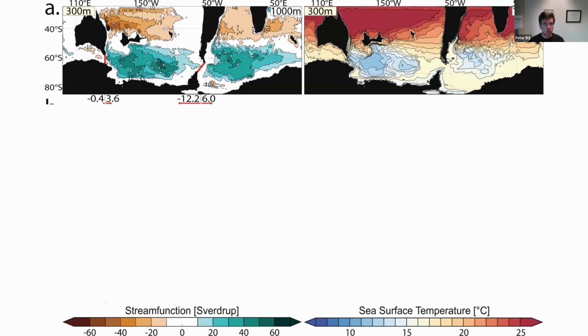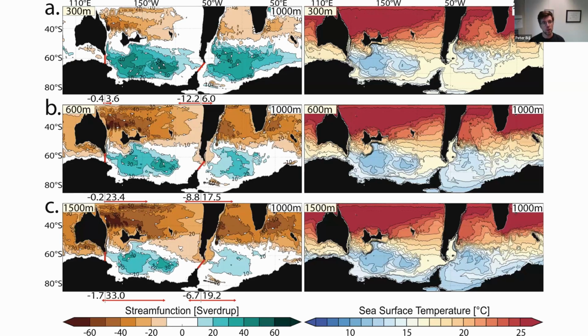So now what happens if we keep Drake Passage deep and we start to open Tasmanian Gateway? What we effectively see is the destruction of both of these subpolar gyres. So the Pacific gyre is reduced in strength, but particularly also the Indian Ocean gyre, even though nothing is happening with Drake Passage.